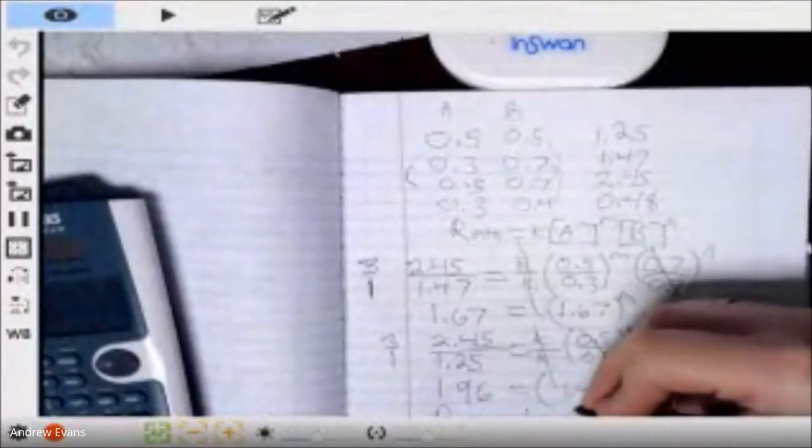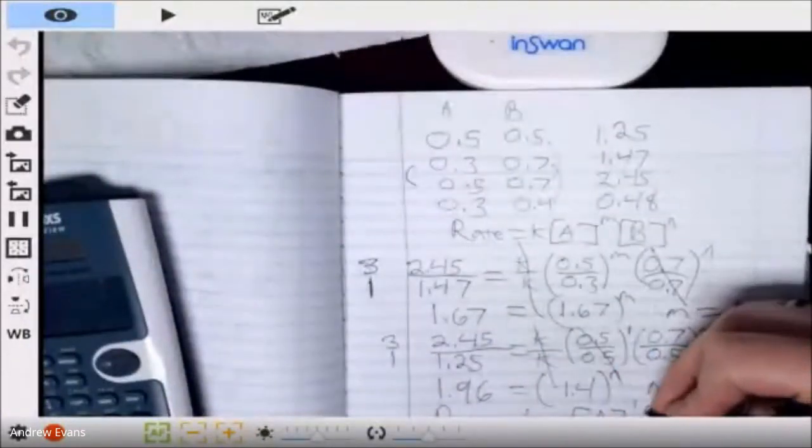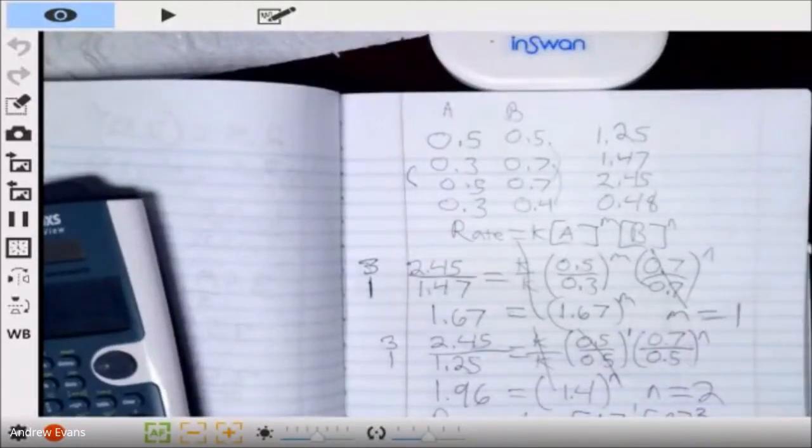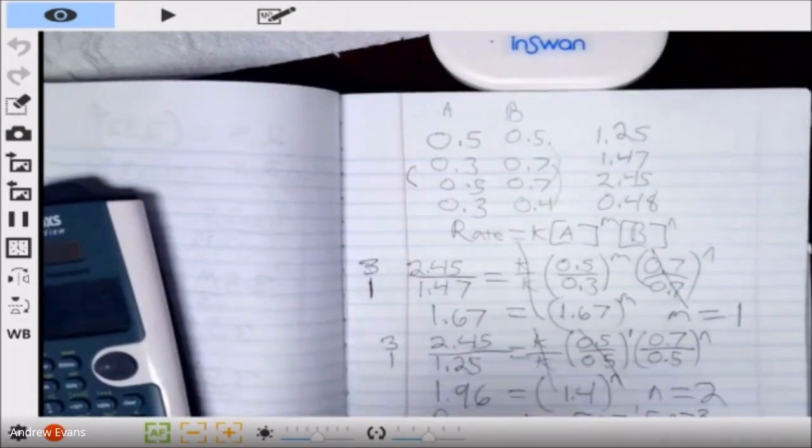However, we could do the log way: log of 1.96 divided by log of 1.4 gives you 2. Either way, we have our order. Rate is equal to K, A to the first, B to the second. So this reaction is dependent on one A molecule and two B molecules colliding.